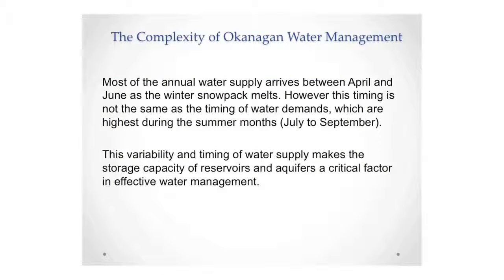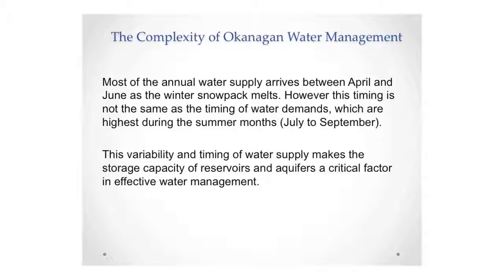The other challenge, of course, is that our water supply arrives between April and June as the snowpack melts. But this timing is not the same as the water demand, which is highest during the summer months. So we're always having to deal with this issue of storage, how to store water. In some ways, we use the lake as the biggest reservoir we've got, for those purveyors that extract water out of the lake.